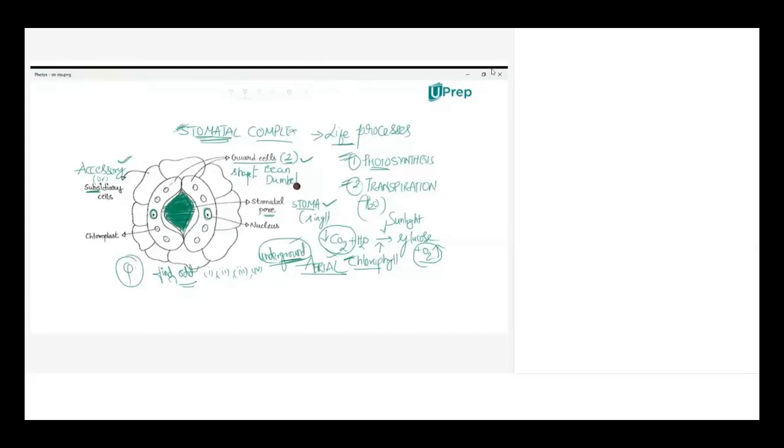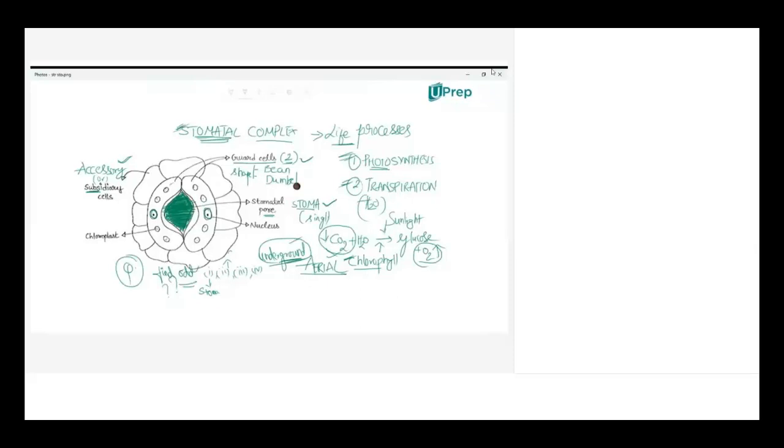And in option 4, they may give some other cell name, which may be a companion cell or some other cell name like the sieve tube, something like that. So this part is not a component of the stomatal apparatus.